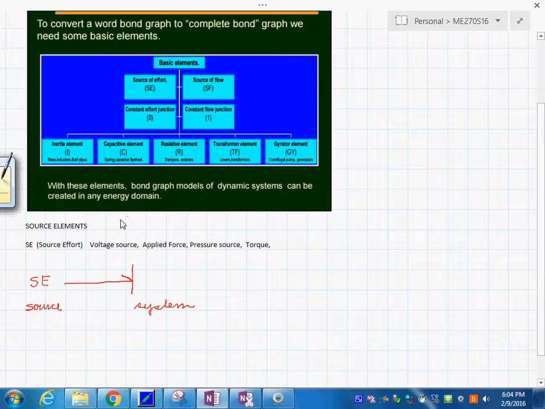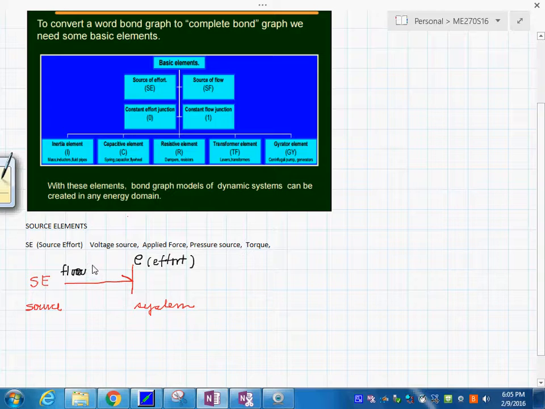And the other way, this is your flow variable, variable F. So in here, this is your bond graph model.